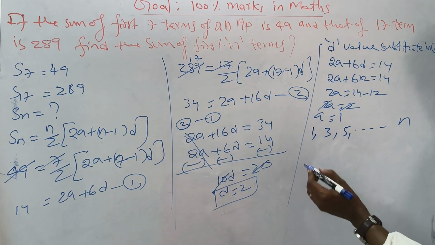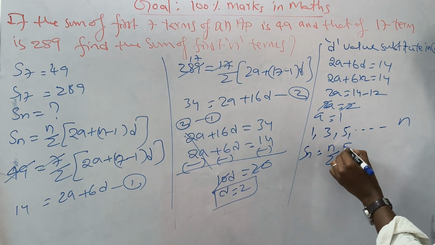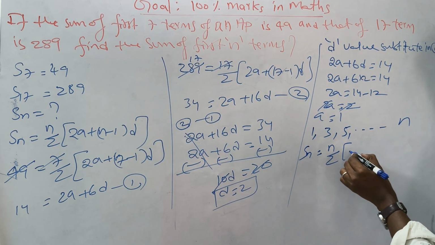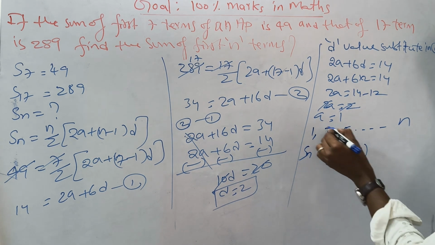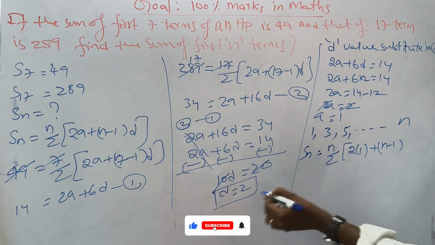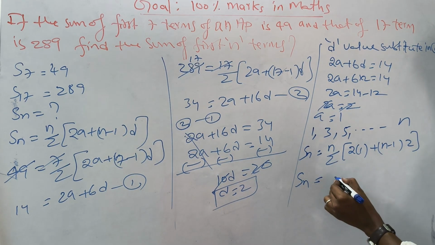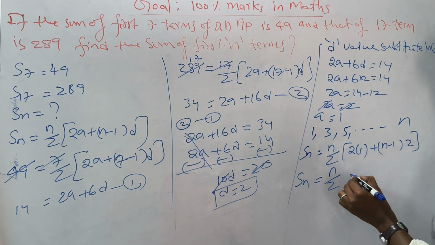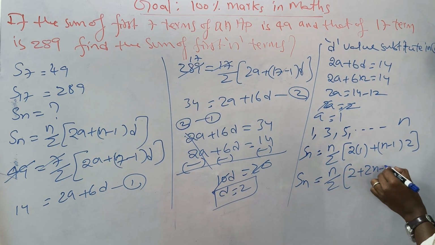We already know the formula: Sn is equal to n by 2 into 2a plus n minus 1 into d. Here 2a is 2, directly I am substituting here, plus n minus 1 into d, which is 2. Now if you simplify this, Sn is equal to n by 2 into 2 plus 2n minus 2.